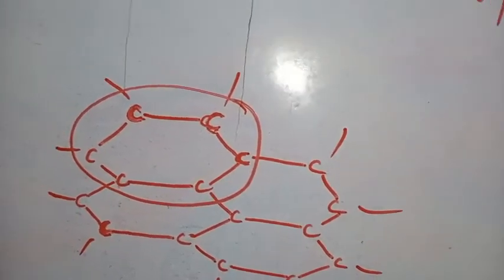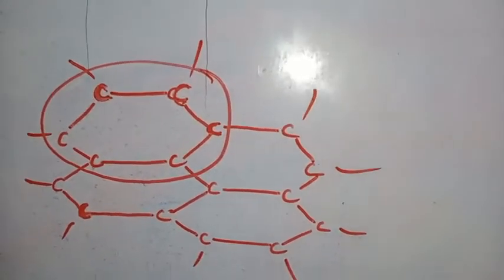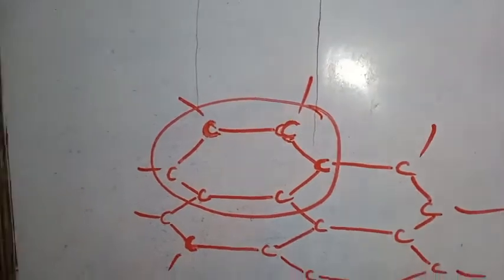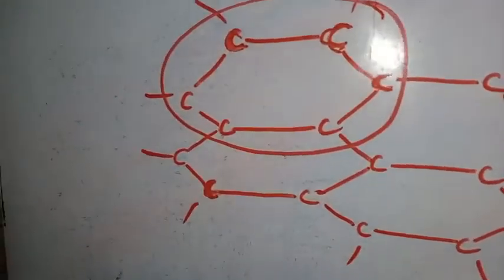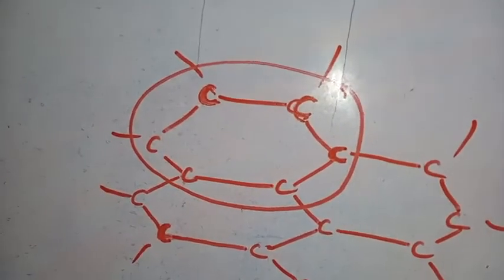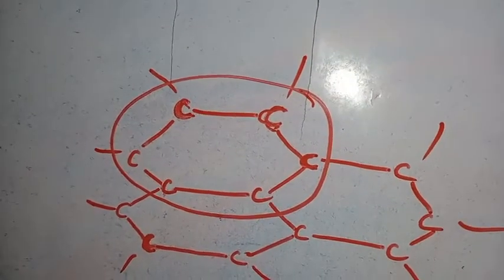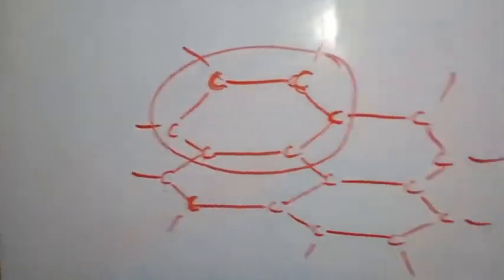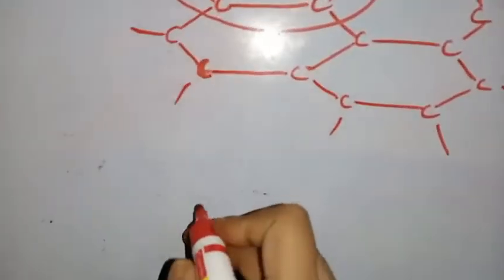That's how the structure of graphite is. So I'll just show you the other layer also. So it is a two-dimensional sheet-like structure consisting of number of hexagonal rings fused to each other. So I'll just show you the other layer.